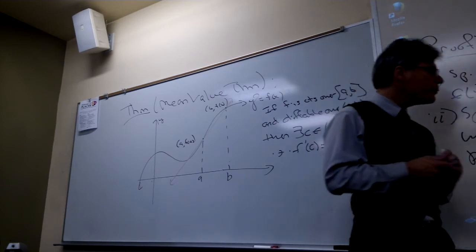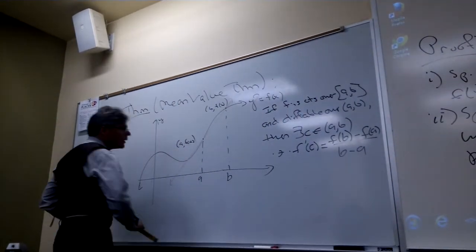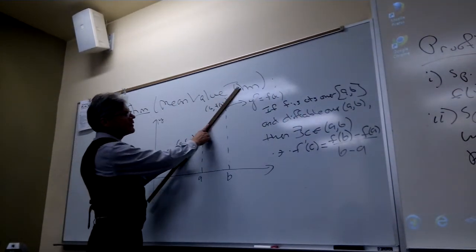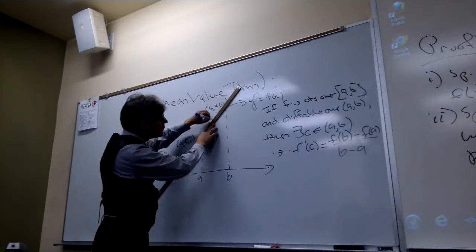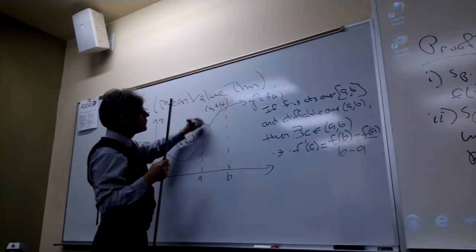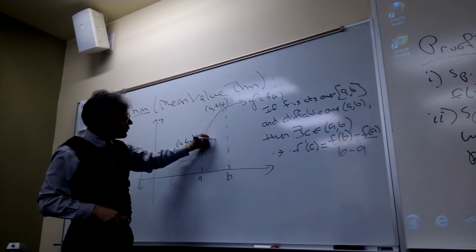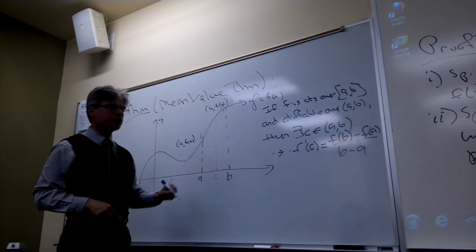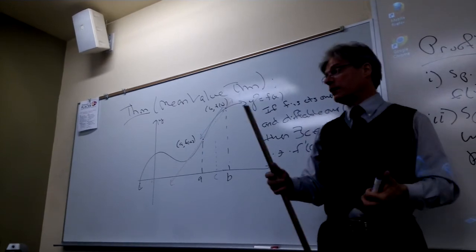With my blue pen, let me find a point at which the slope of the tangent line is the same as the slope of that red secant line. Does that look like it might do? According to my picture, it certainly seems to occur at a value of x somewhere between a and b. That's the punchline of the mean value theorem.